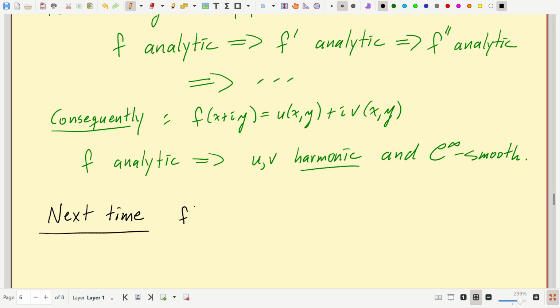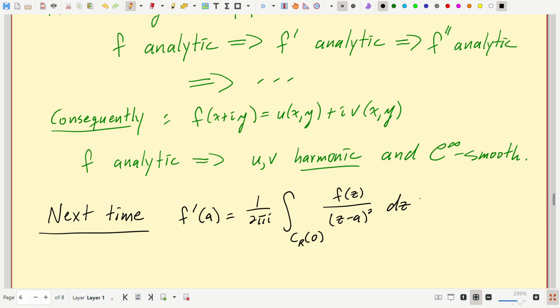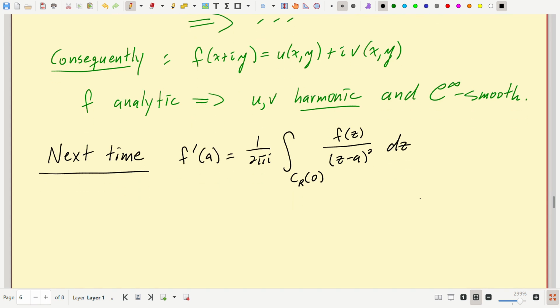This formula, f prime of a equals 1 over 2 pi i integral around a circle, and I'm going to take a circle of big radius about the origin, of f of z over z minus a squared dz, is going to imply two things real quick.